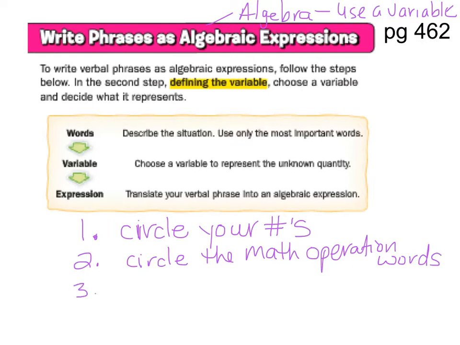And 3, then you need to choose a variable. We talked in the previous lesson that most commonly people use x or n or y as a variable. However, you can use whatever variable fits the situation. If we're talking about dollars, you might use the letter D. It just depends on your personal preference.